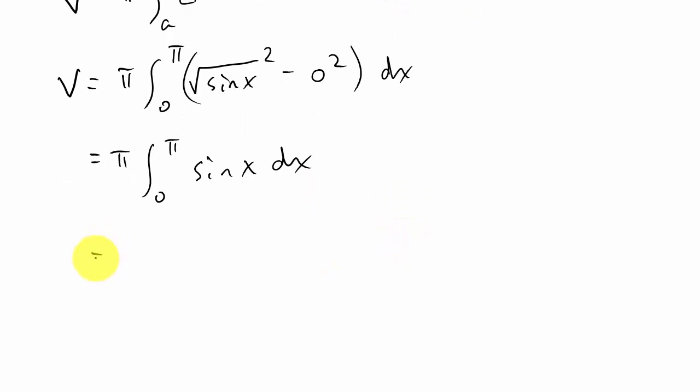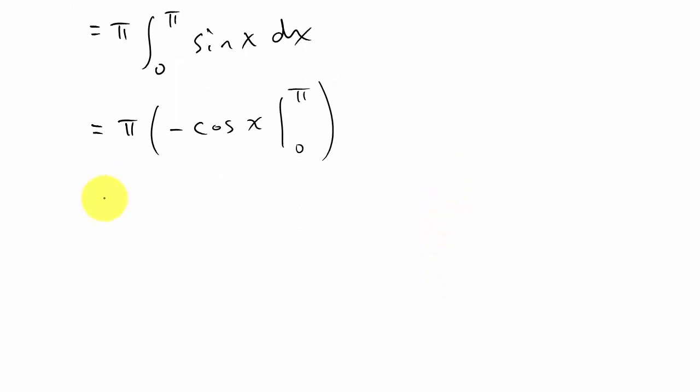If we integrate, that's pi times, and when we integrate sine x, that's negative cosine x, from 0 to pi. Now we have pi times negative cosine pi minus negative cosine 0.